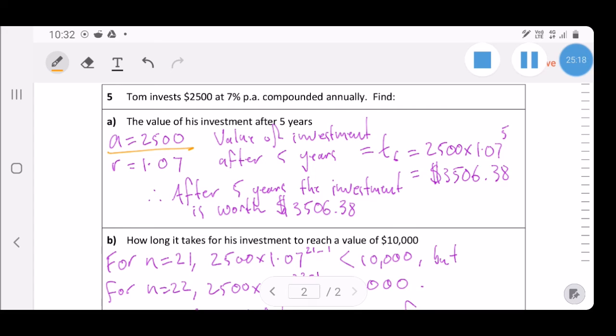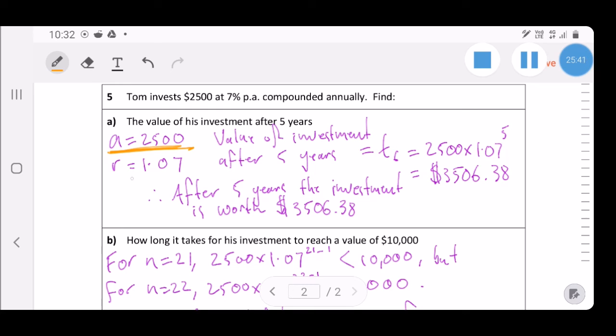Find the value of his investment after 5 years. After 5 years. Something very important about that wording there, which we'll get to. All right. So let's turn this into a geometric sequences problem. A is 2,500, which is the amount he had at the beginning of the first year.